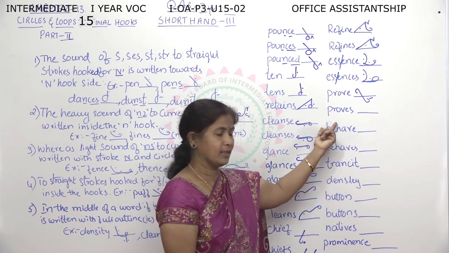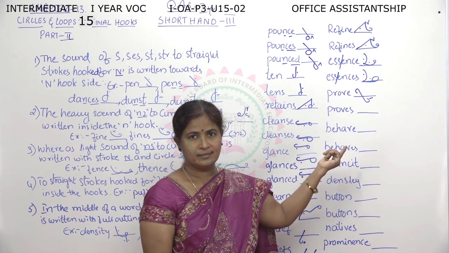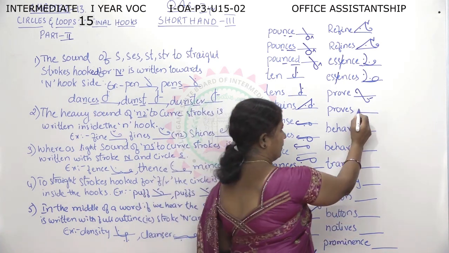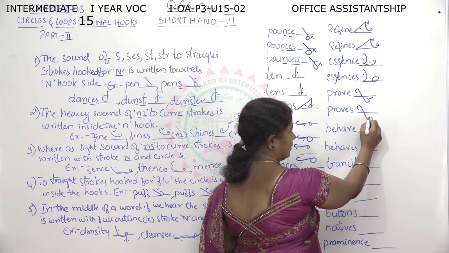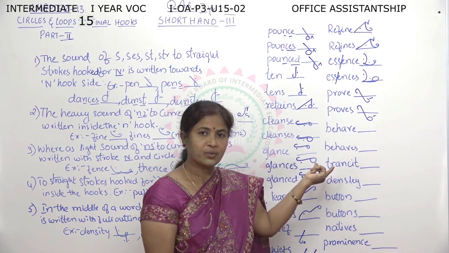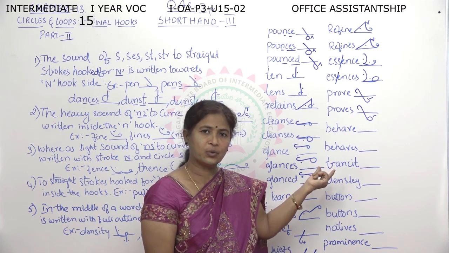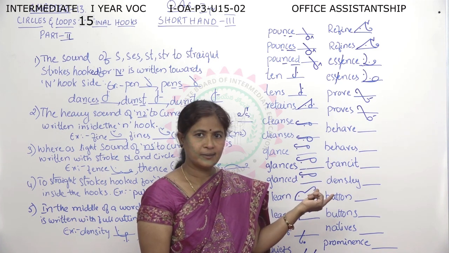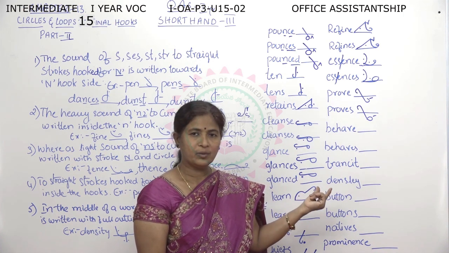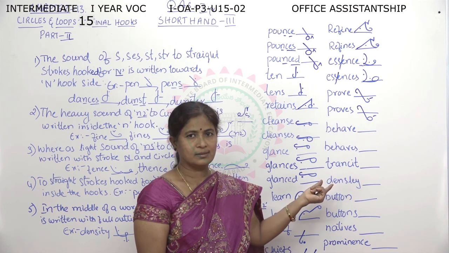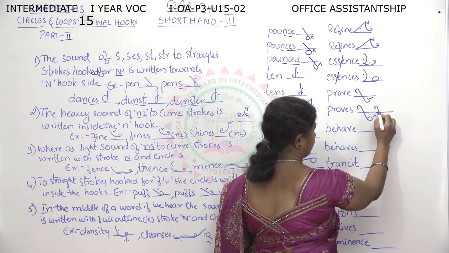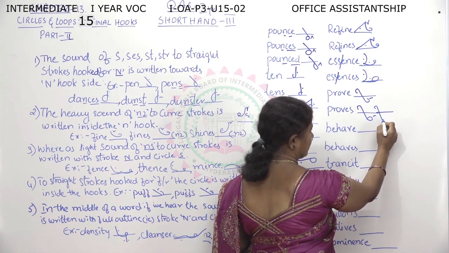Prove. Now, proves. How do we turn circle S? If I close the circle like this, it becomes proves. F hook is not seen. Okay? F hook kuda kanpichali ante ela rayali? Circle S, hook lopala rayali. We have to write the circle inside the hooks. But this is R hook. Prove.